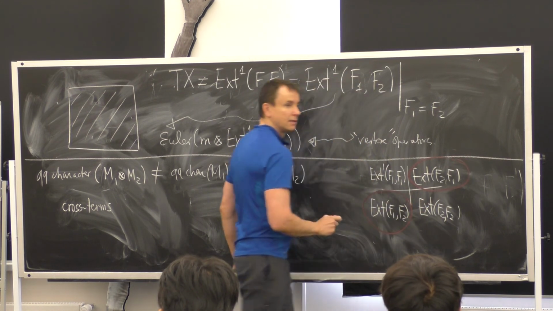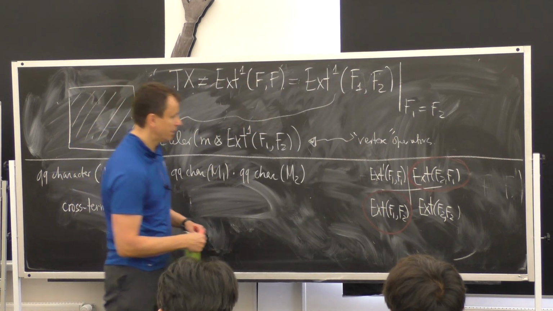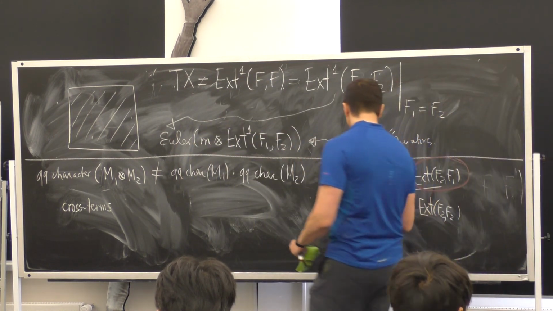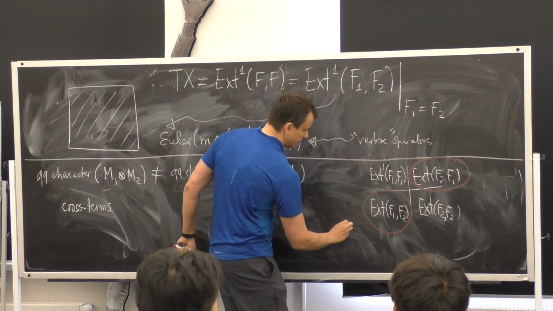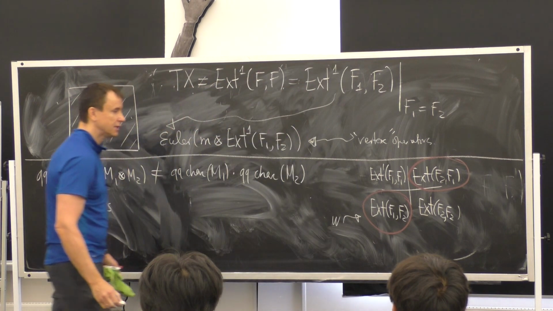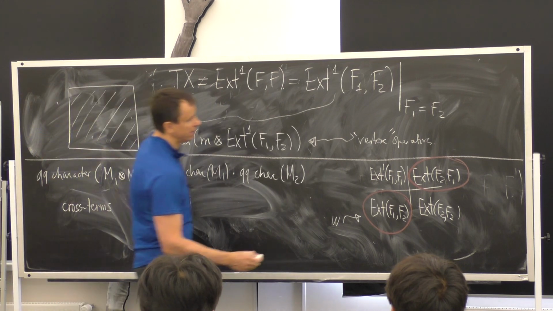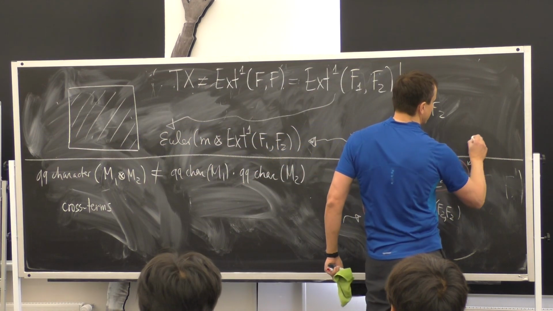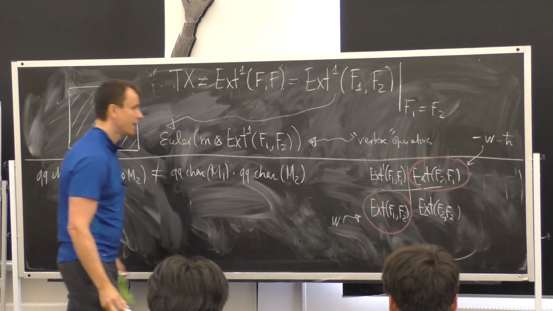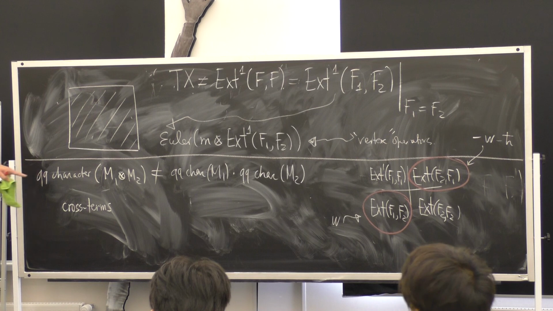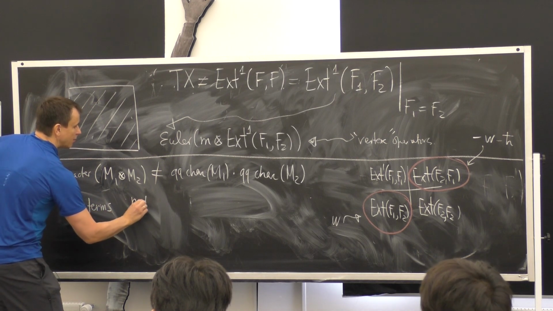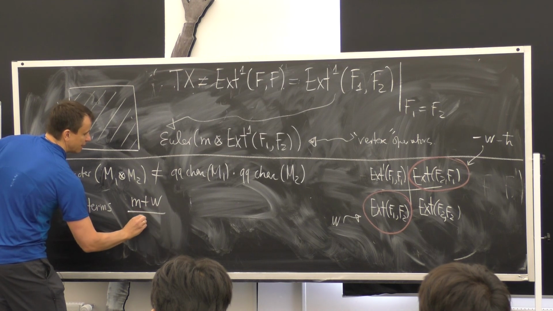These are the ones, right? And so if I think of this as having Chern roots w, then this will have Chern roots minus w minus h bar. And let me write the cross terms in cohomology. So what the cross term is going to be? It'll be like m plus w divided by w.